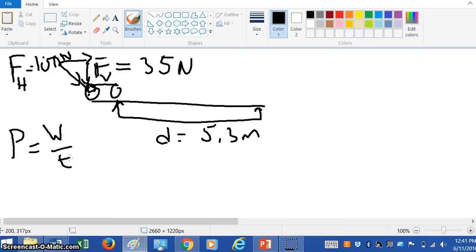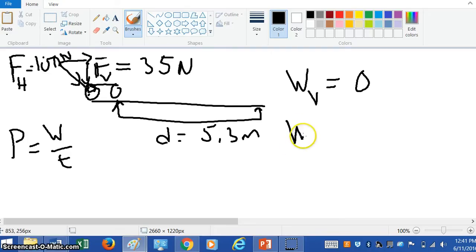We'll take the vertical force first. So the work due to the vertical force is 0. And why is that? Because the vertical force, right here, is going down, and yet the lawnmower is moving horizontally. So since they're perpendicular to each other, the work is always 0, and that's always the case.